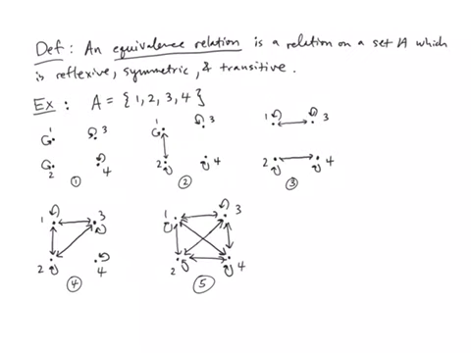What you can notice here in diagram 1 is that our set A has been split up into 4 parts, right? So you just have the element 1, the element 2, the element 3, and the element 4. Those elements are only connected to themselves by arrows. They're not connected to each other by arrows.